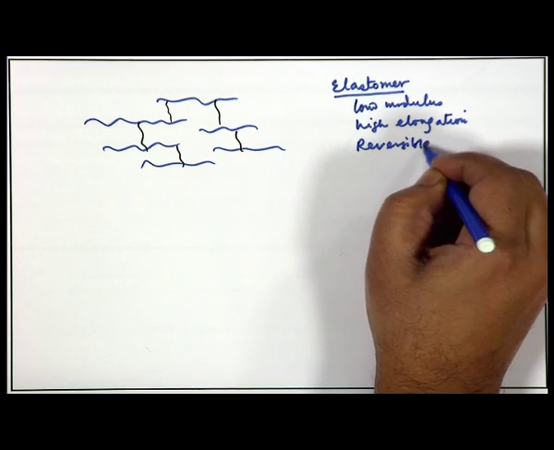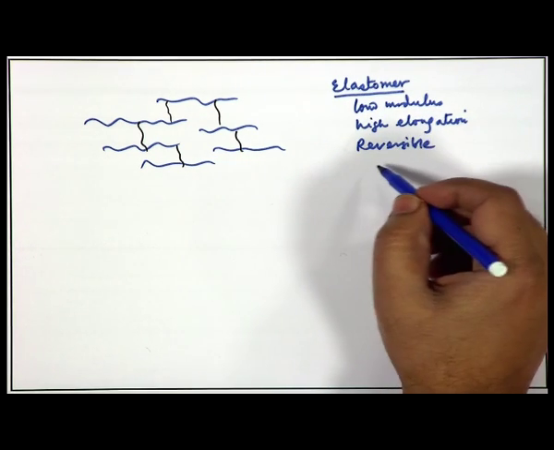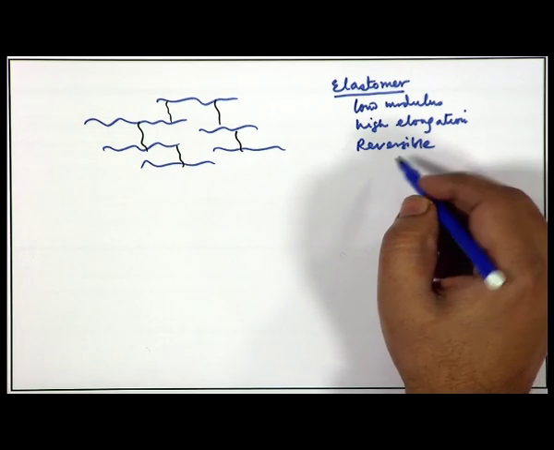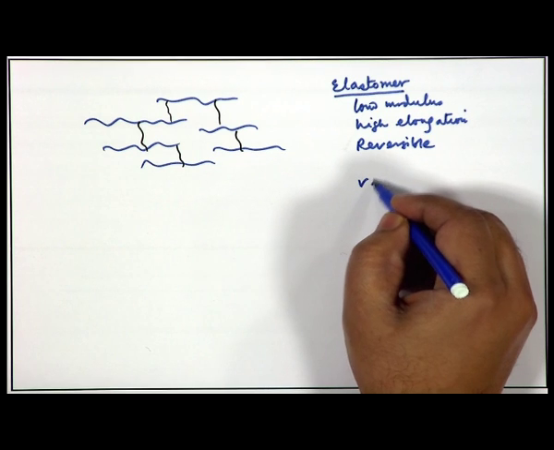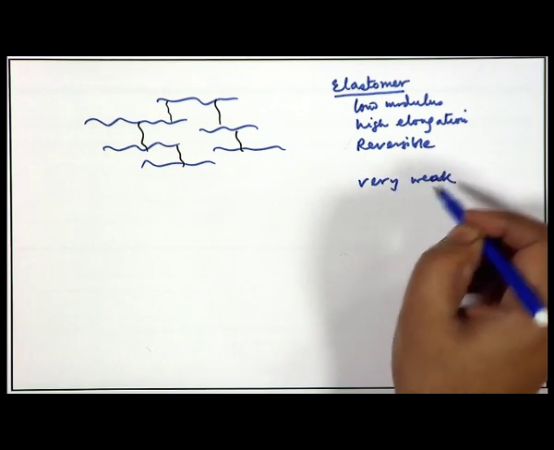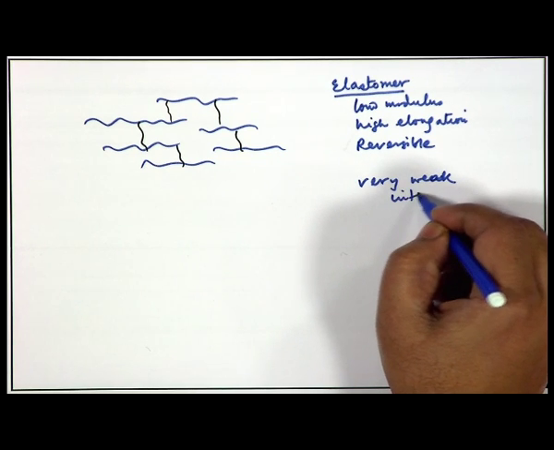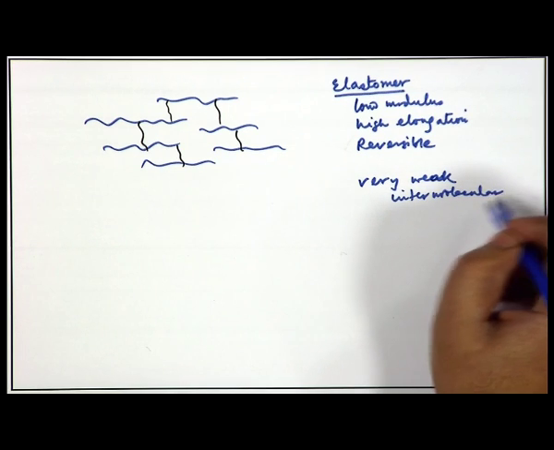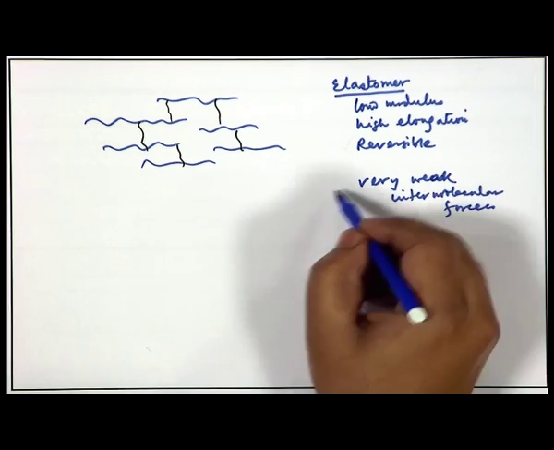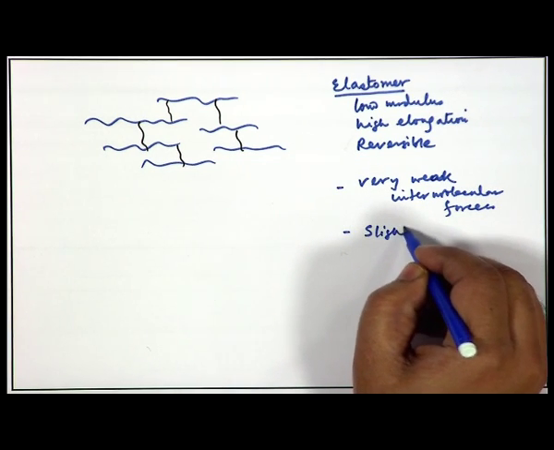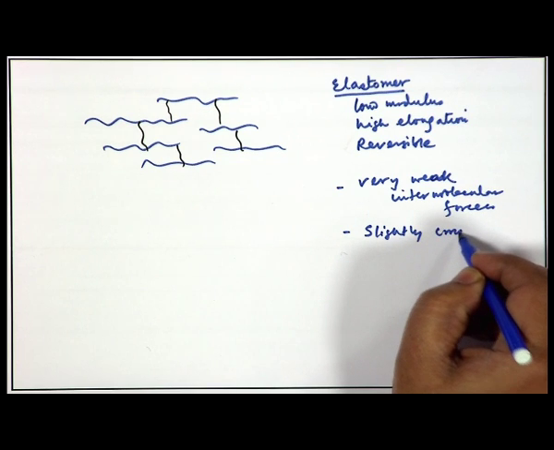That means, once you relieve the stress, the polymer will come back to the original position, and that is because of very weak intermolecular forces between the chains, and the chains are slightly cross linked.